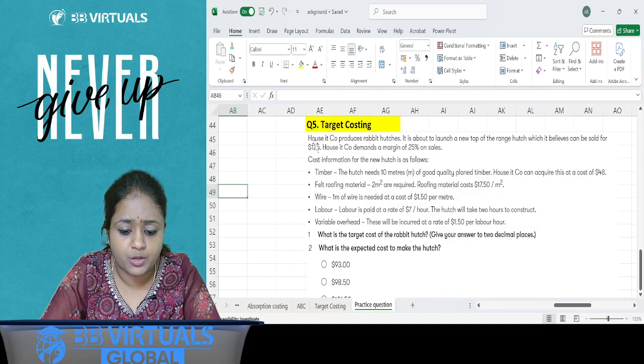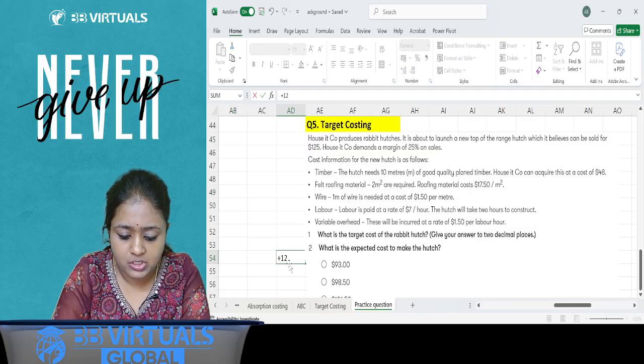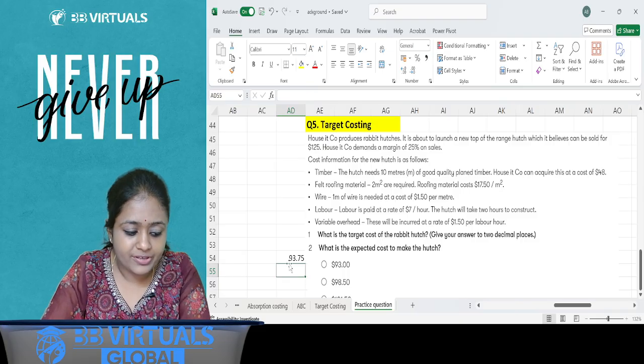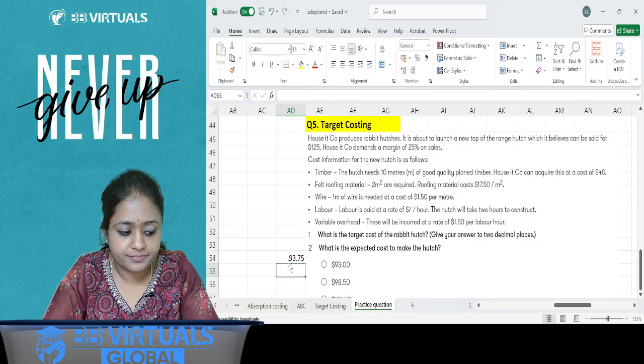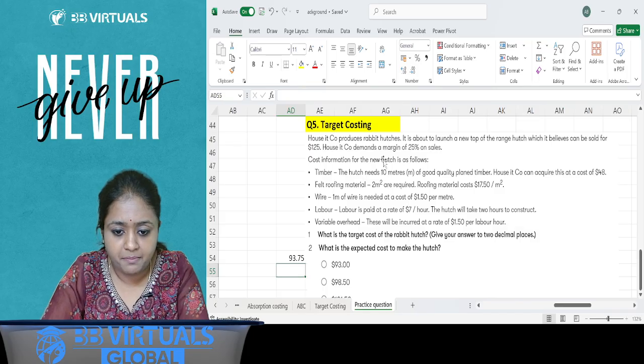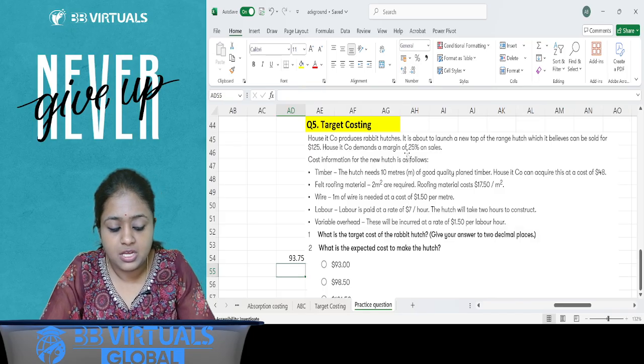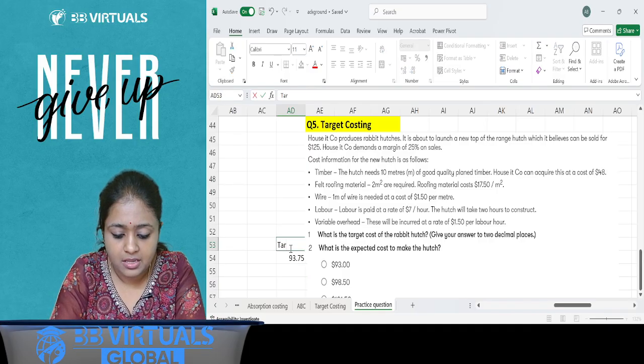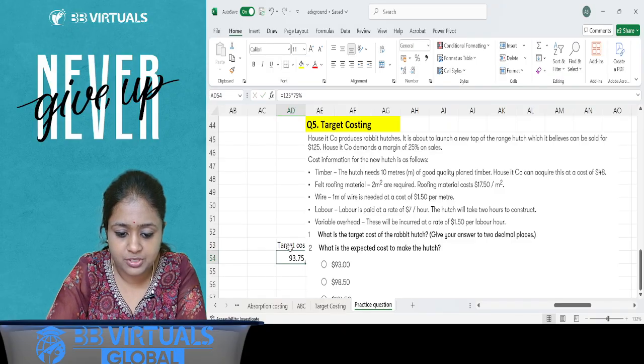The selling price is 125, 25% is margin. So how much is the target cost? The target cost will be 125 multiplied by 75%, which is 93.75. Simple, because 25% is the margin. Very easy. So this is my first question answer.